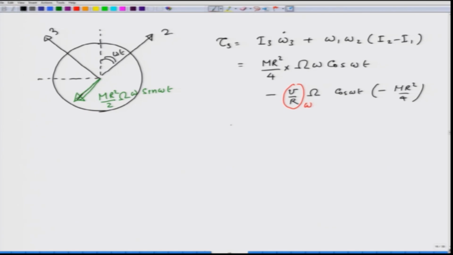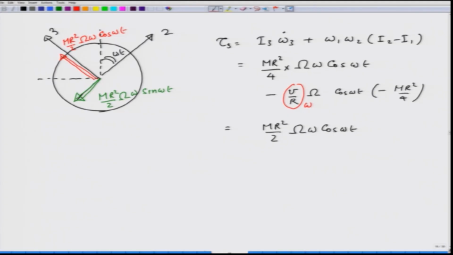We get this again to be equal to mr square over 2 capital omega omega cosine of omega t. So, what we have here is that towards 3 I have m r square over 2 capital omega omega cosine of omega t.